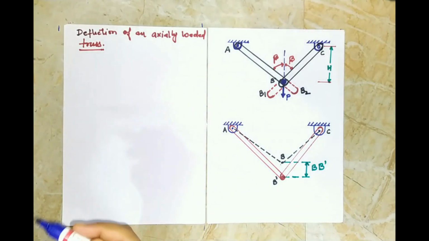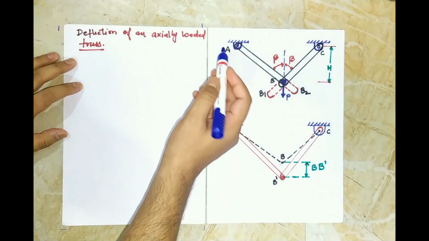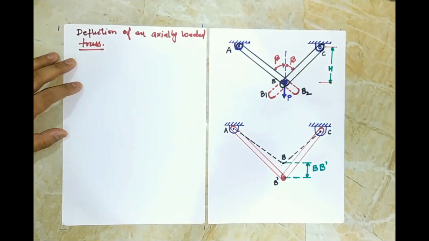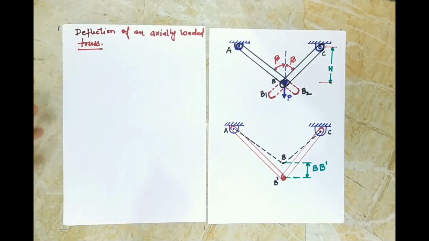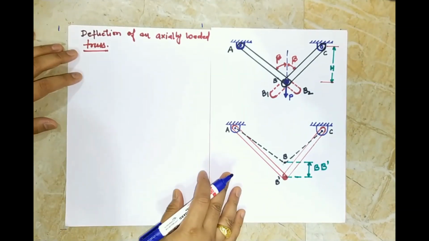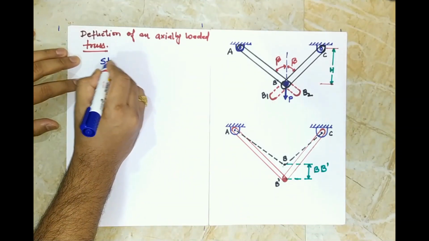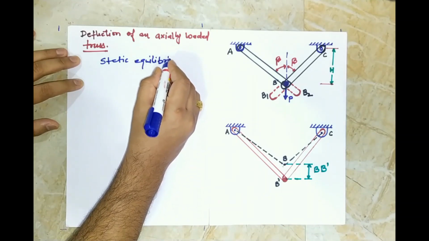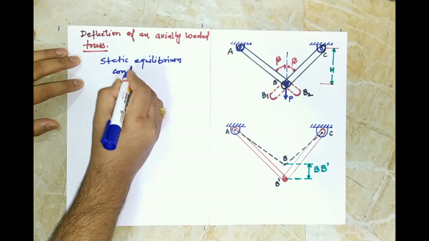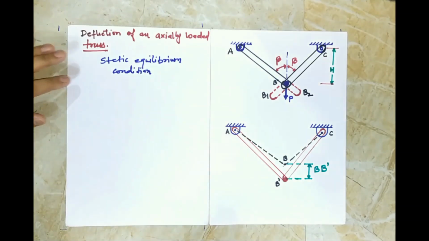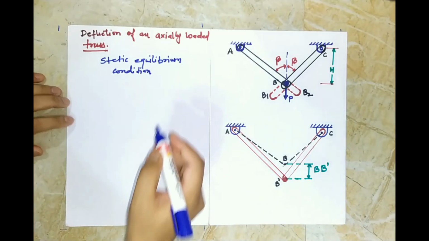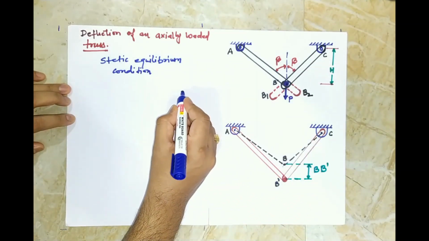So let us start analyzing. Now we have this link AB and BC joined at point B and loaded by a load P at joint B. So we'll take the static equilibrium condition to find out the tensile forces that these members are acted upon by applying a load P. Let us take this point.